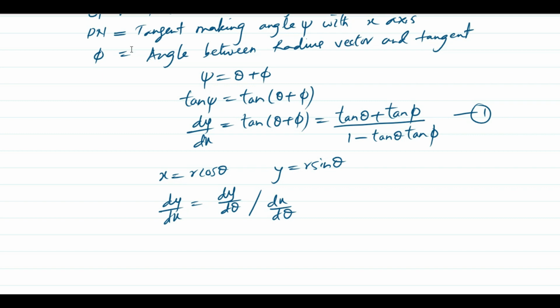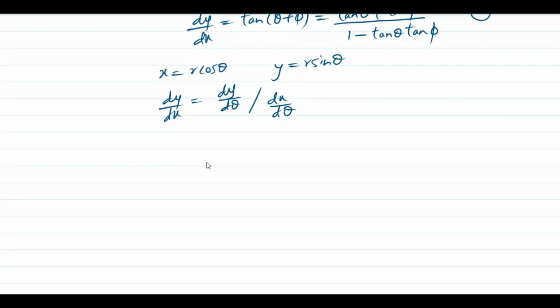So putting it in equation 1, we need to differentiate y with respect to theta and x with respect to theta. Since y is equal to r sin theta, differentiation of y with respect to theta is by product rule: r as it is, differentiation of sin theta is cos theta, plus sin theta as it is, differentiation of r is dr by d theta. I will take it as r dash.